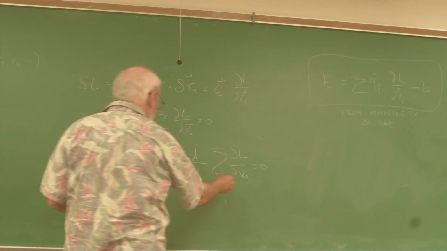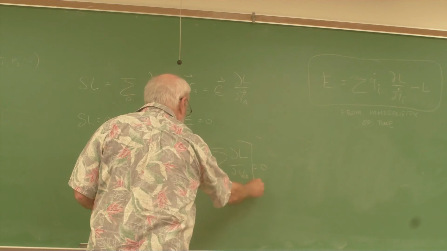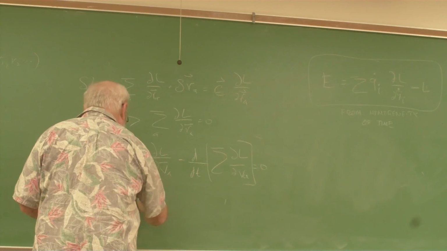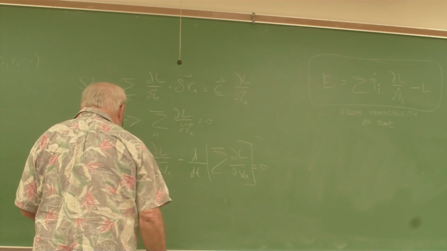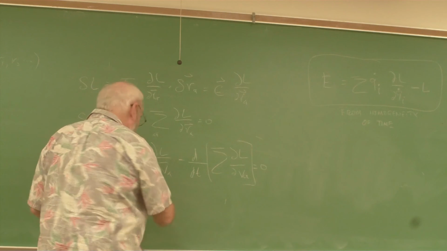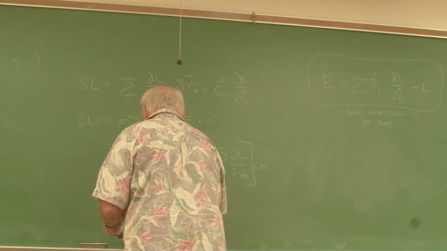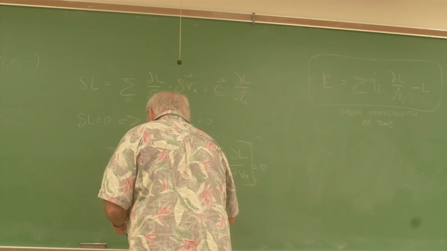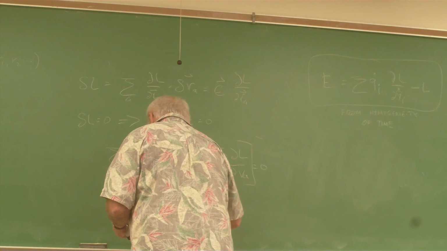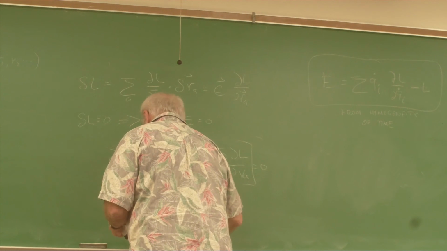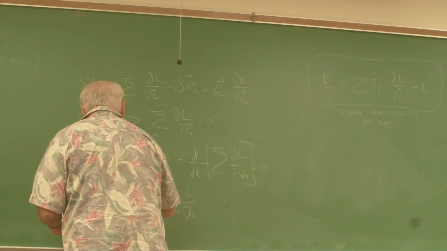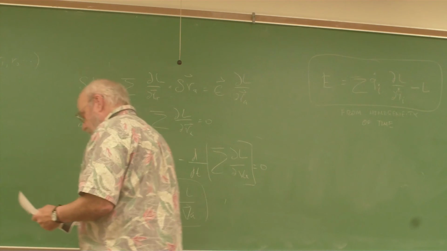Since this thing is 0, we can define a new quantity, which not surprisingly we call P, the sum of ∂L/∂v_a, and this is the definition of the momentum in the system.